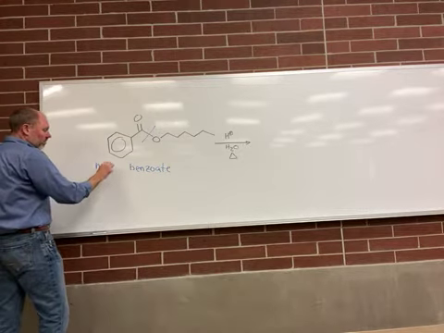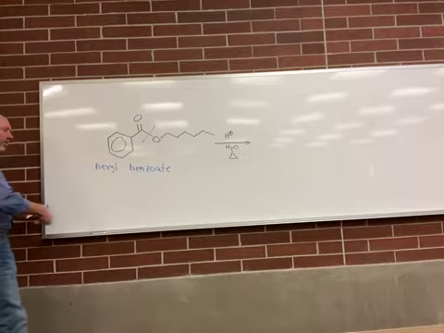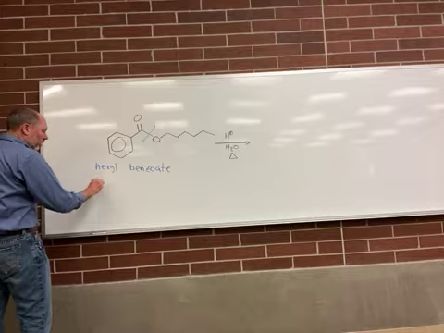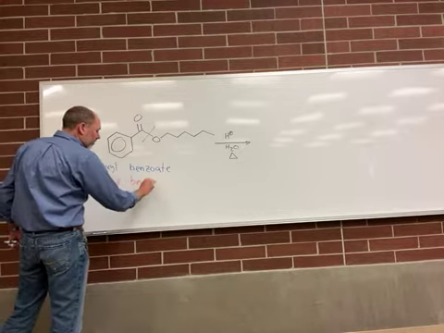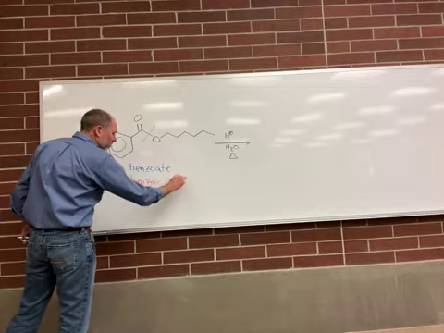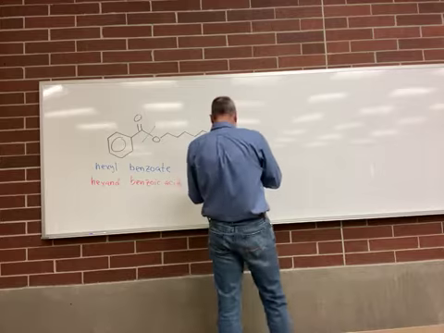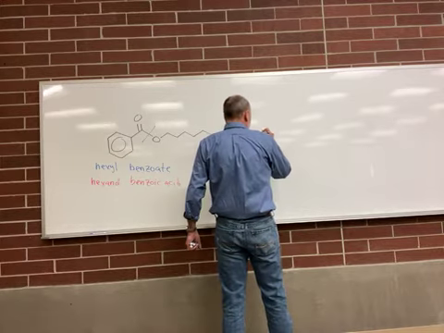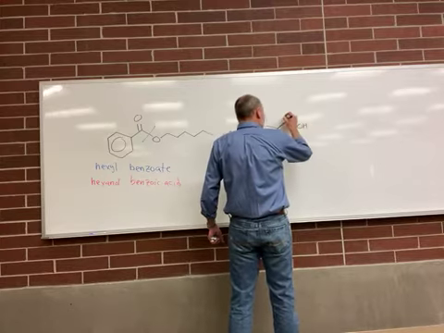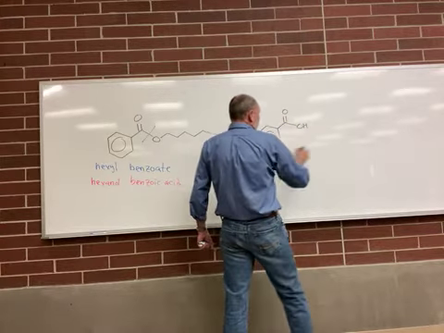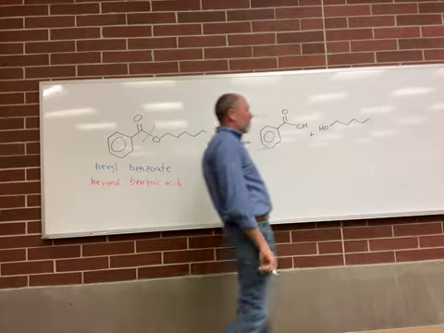Hexyl benzoate, which means my products under hydrolysis are going to be hexanol and benzoic acid. So hexanol looks like this, or actually benzoic acid looks like this. There you go, there's your two products.